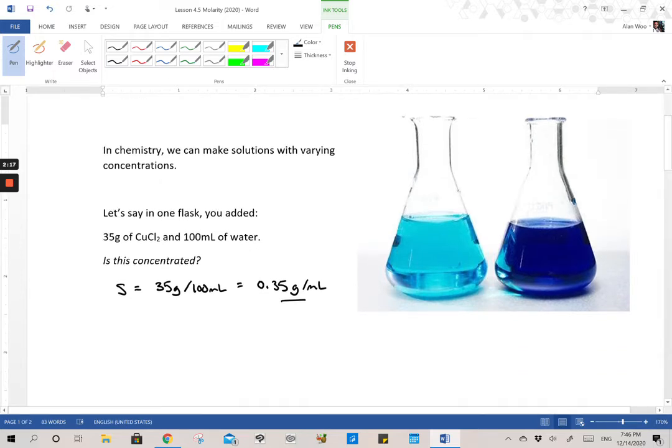One of the problems is we don't actually know what the actual solubility is. This value here just tells us how much solute is currently in solvent. Is this a saturated solution?